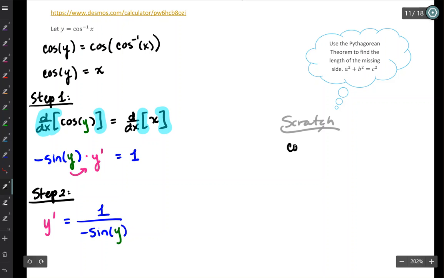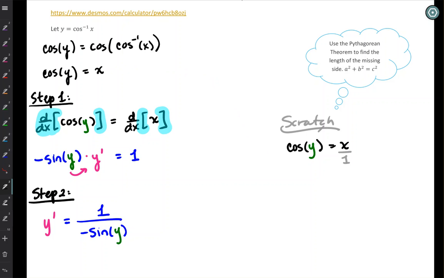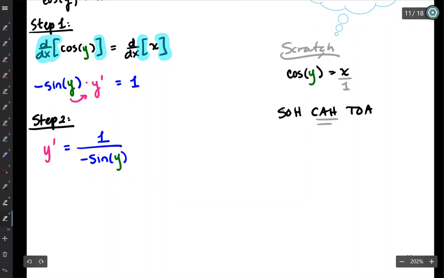We know that the cosine of y is x. Just rewrote that. Specifically, it's x if you want x over 1. And cosine is adjacent over hypotenuse. If you like the acronym SOHCAHTOA, it's helpful to get cosine is adjacent over hypotenuse.